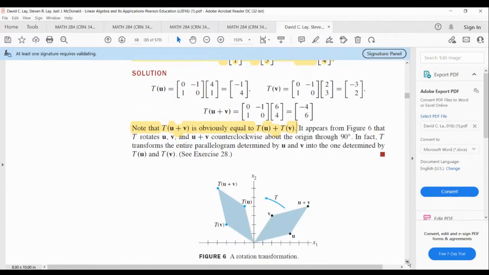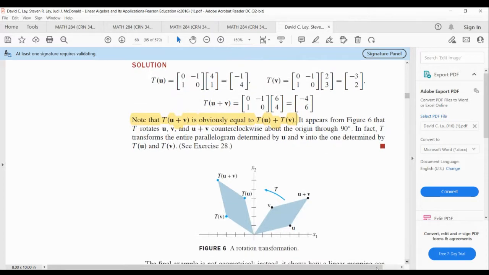Pictorially, this is what's going on. You're actually doing what's called a rotation transformation. So you see there you have your vector u, your vector v, and u plus v.